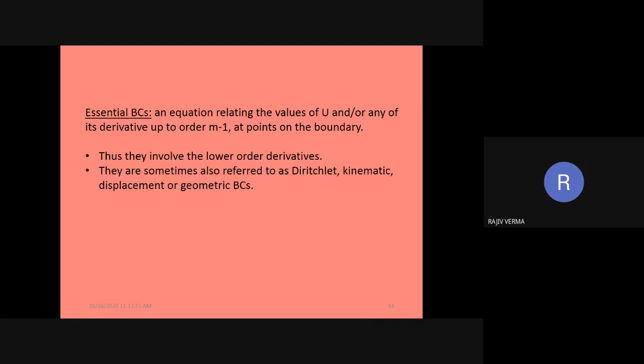They are also known as Dirichlet, kinematic, displacement, or geometric boundary conditions.